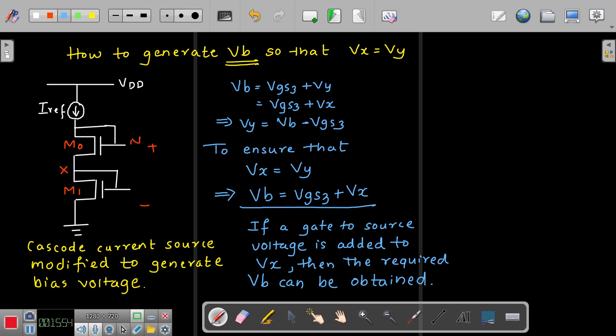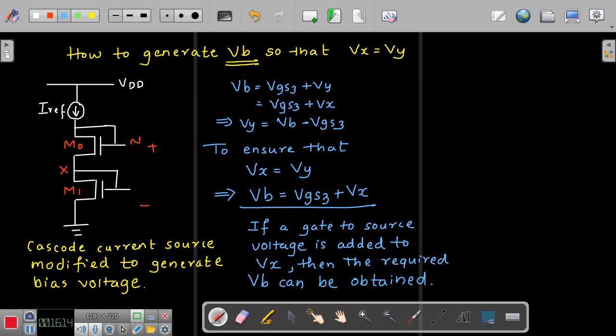This is a very important point to be noted. Now, I would like to add a gate to source voltage to Vx to get the required value of Vb. So how can it be done?